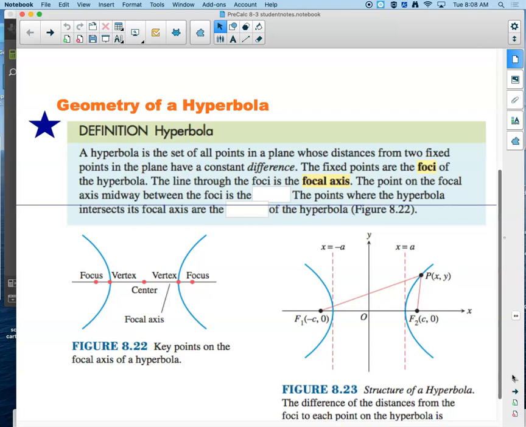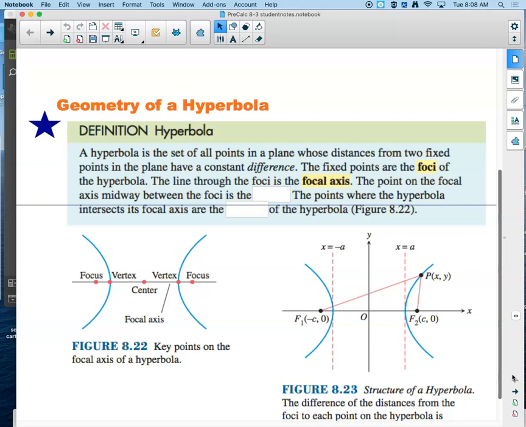Today we're going to find out that apparently whoever decided to study ellipses as a conic was a totally different person at a totally different time than the person who studied hyperbolas, because they don't use the same vocabulary. They change from major axis, minor axis, semi-major axis, semi-minor axis to different language for a hyperbola.